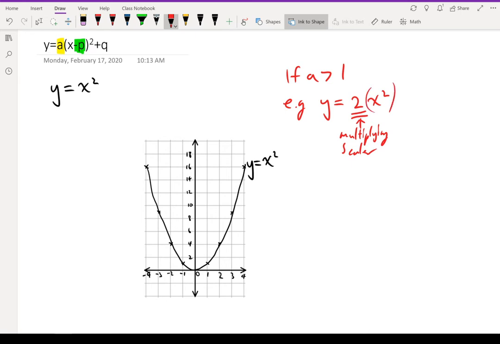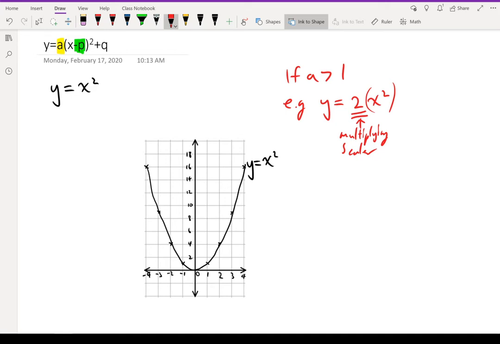Whatever the value of x squared is, we multiply that by 2. In my original y equals x squared, if I put in 1 for x, it's 1 squared. In y equals 2x squared, if I put in 1, it's doubled, multiplied by 2, and so my resulting value is 2.